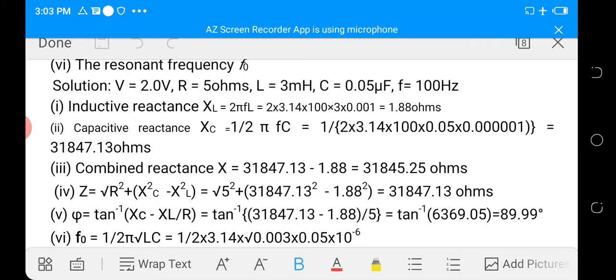Then to find the inductive reactance XL, the formula is XL is equal to 2 pi f L. Substituting for all the parameters in the formula, we have the inductive reactance XL to be 1.88 ohms. (2) Capacitive reactance XC, and this is given by the formula 1 over 2 pi f C.